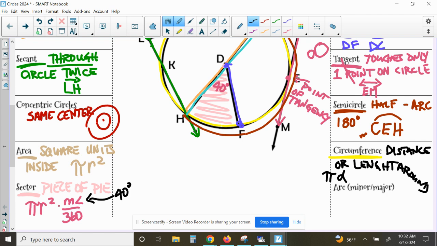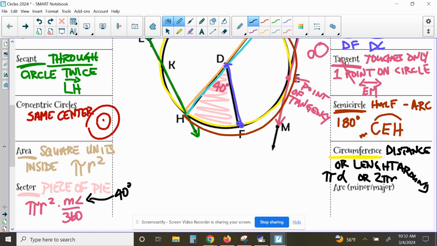So you may have also seen 2 times pi times r because it's the same thing, because 2 r's make a d, right? So either of those formulas you will see. I don't know which one you learned. You see them both because 2 r's and a d mean the exact same thing.